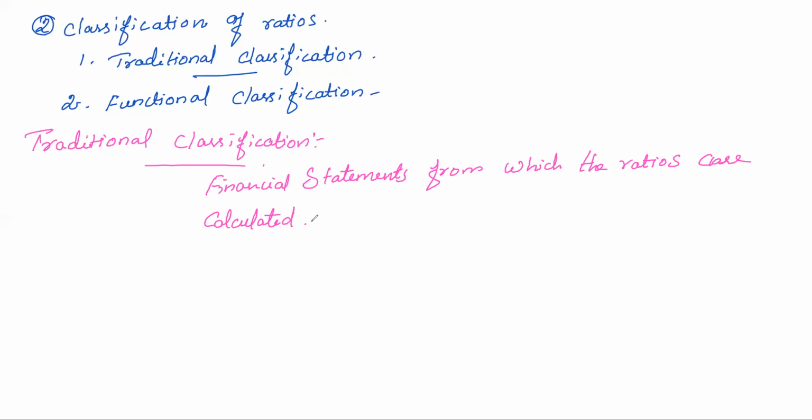Okay, so under the traditional classification, the ratios are classified as: first one is balance sheet ratios. Then second one is income statement ratios.